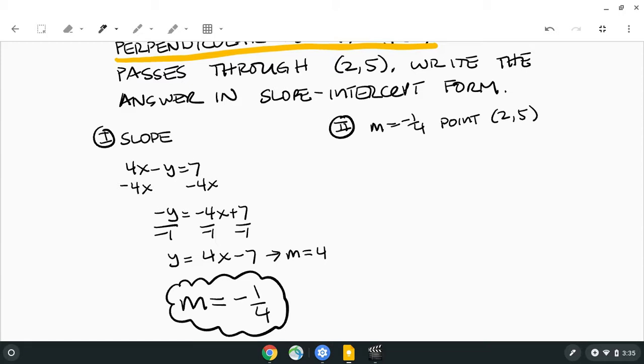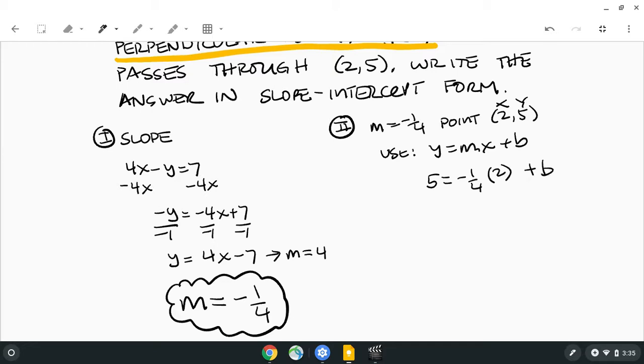Okay, and so now I can use y equals mx plus b to solve for b. Because remember, this is x, this is y, and there's m. So y is right here, m is right here, x is right there. So let's plug in. Y is 5, m is -1/4, x is 2, plus b.